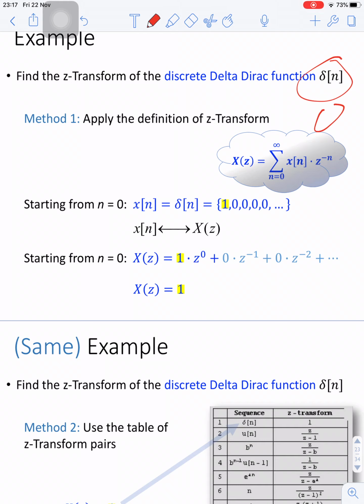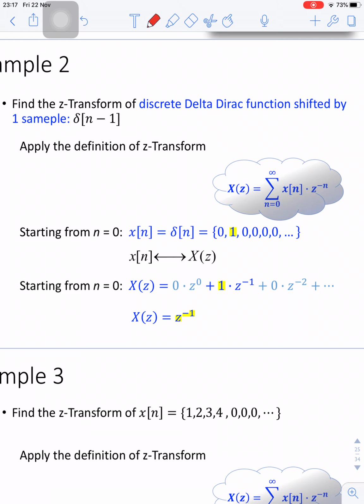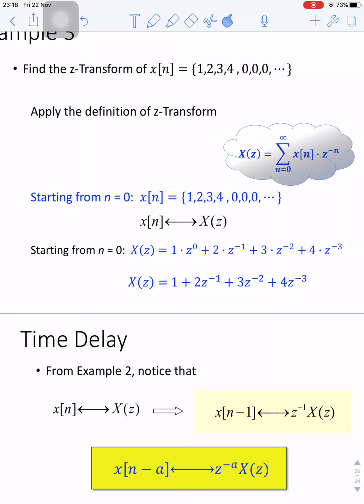And what if it's z to the power of minus 1? Okay, and what is the Z transform of x[n] equal to 1, 2, 3, 4, 0, 0, 0, 0? This is a very interesting one. Starting from n equals 0, x[n] equals 1, 2, 3, 4, 0, 0, 0, 0.